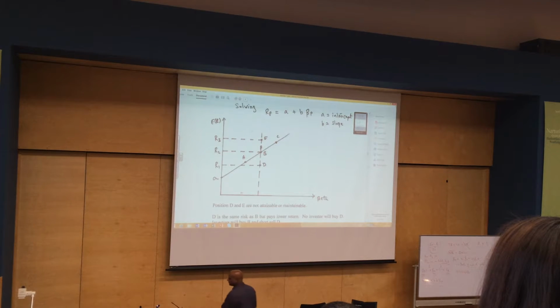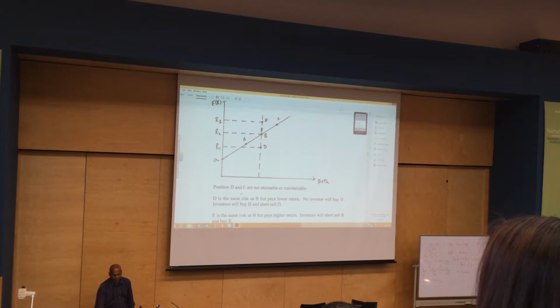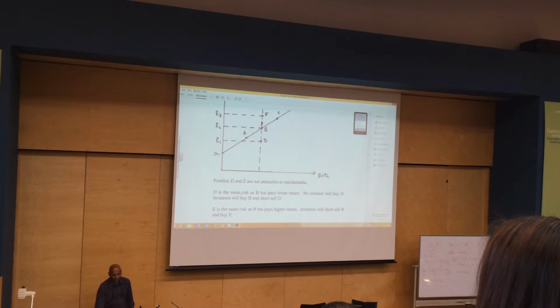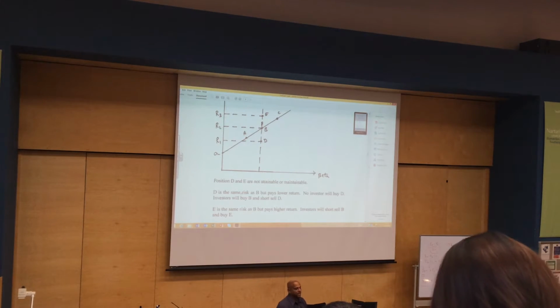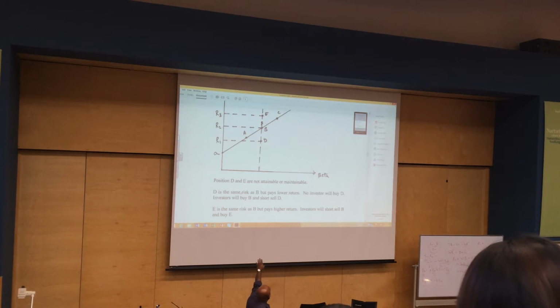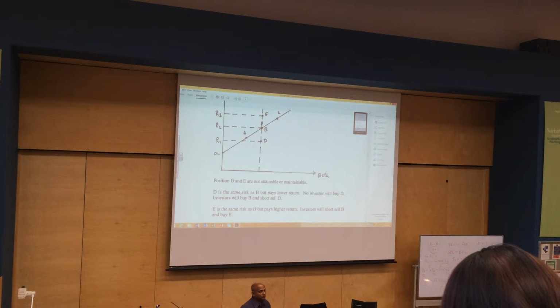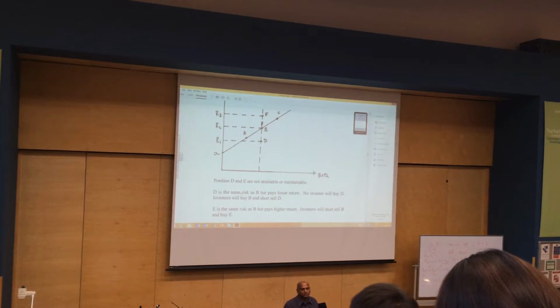Now, on this picture, every asset has to be on the line. Otherwise, positions D and E are not possible. How can they have the same systematic risk and different return?